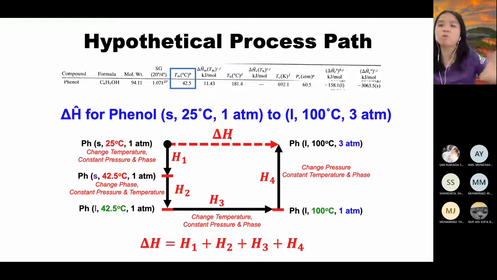Tetapi untuk satu path itu you need shorter paths in order to get that entire path punya delta H. That's why I told you calculation ni menyusahkan disebabkan itu. Dan kenapa we have different path? Sebab setiap path tu hanya satu condition yang boleh berubah. Either temperature or pressure or phase. Kamu tak boleh ubah dua condition dalam satu path. That's why the calculation become long.